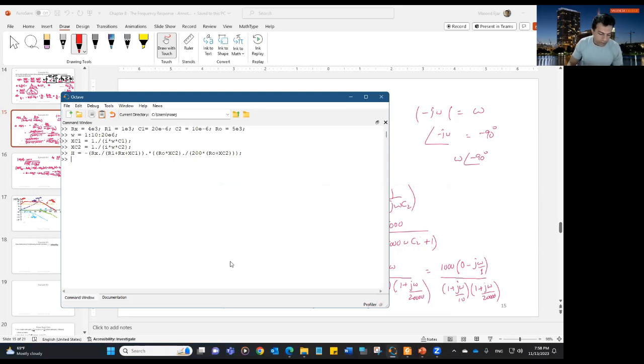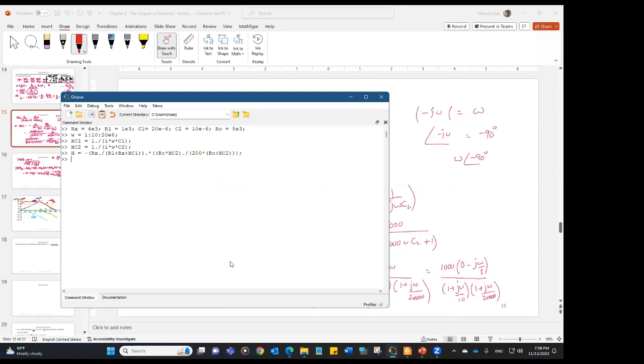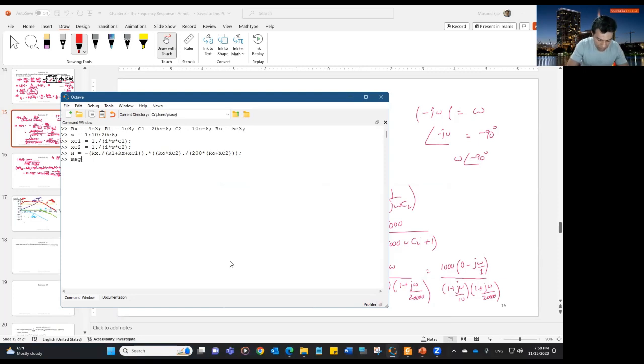Now, what should we do next? Who's going to tell me what we should do next to do the Bode plot? We need our magnitude. Calculate the magnitude first. So magnitude of H is the absolute value of H. But remember, we're not plotting just magnitude, we're plotting magnitude in decibel.